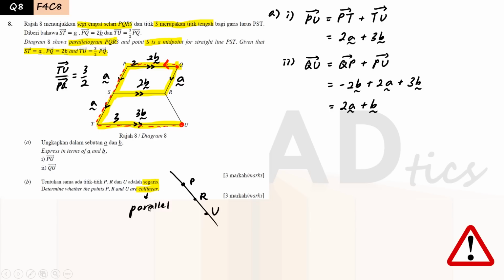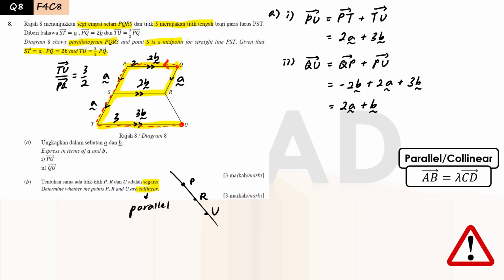Alright, so since this is parallel, we can use this information to help us on this question. Alright, so this equation means that if we have a vector of one of the parallel lines, we just need to multiply a value. So this is called lambda. So if I multiply it, I can find the vector of the other parallel line.